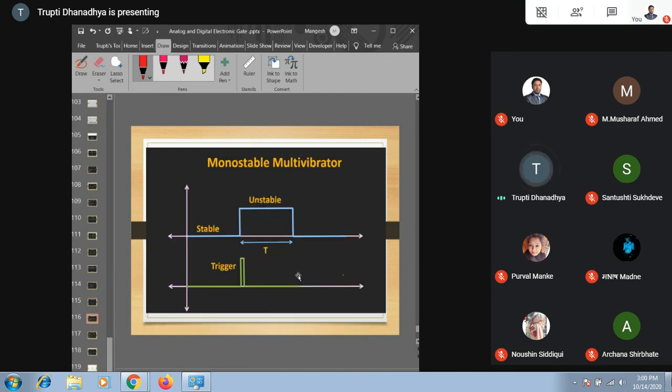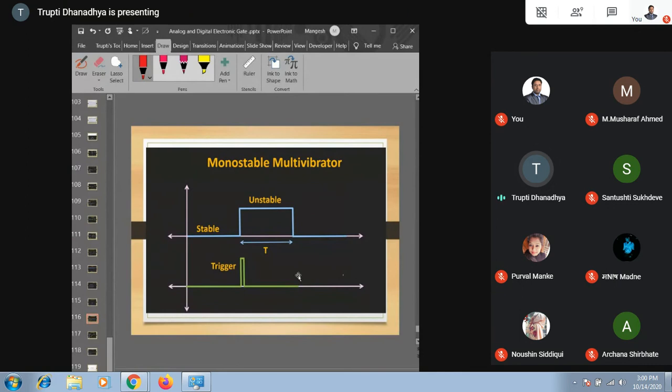Then in a monostable multivibrator, there are two states: one stable and one unstable state. That's why it's named monostable multivibrator. If we are not providing any input, if we do not trigger the transistor, then we get the stable state.